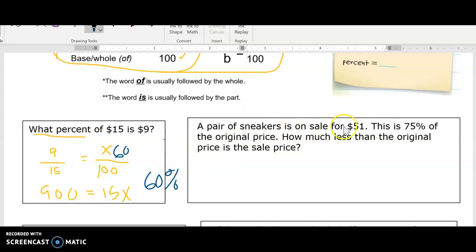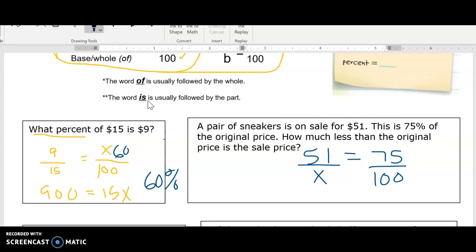A pair of sneakers is on sale for $51. This is 75%. And so 51 is 75, but instead of writing percent, we're going to write 100. The original price, which is the whole price. How much less than the original price is the sale price?